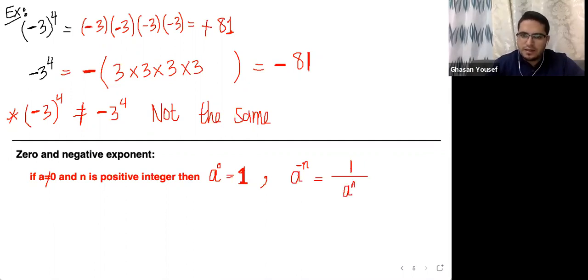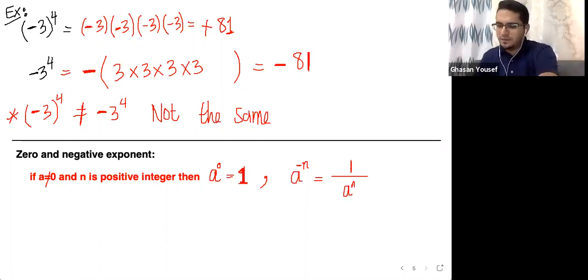The minus here means we have to flip this real number, and it is not equal to 0, because I cannot divide 1 over 0. That's why I said a not equal to 0.